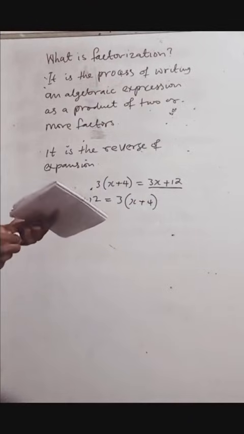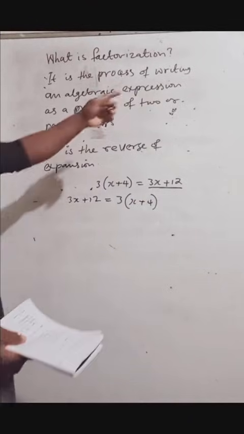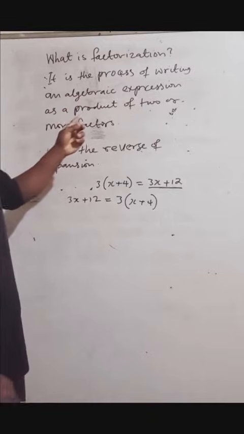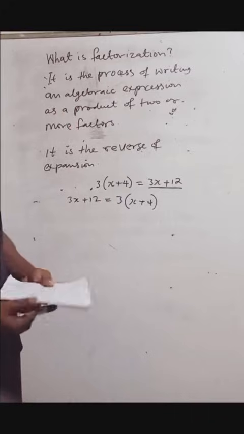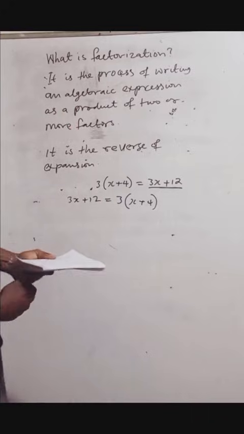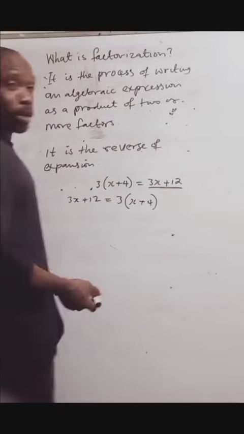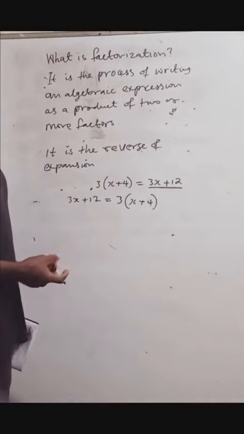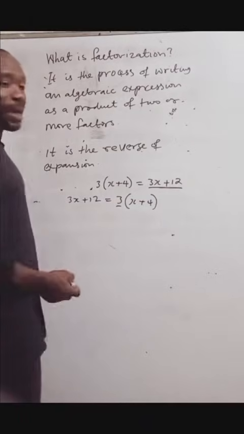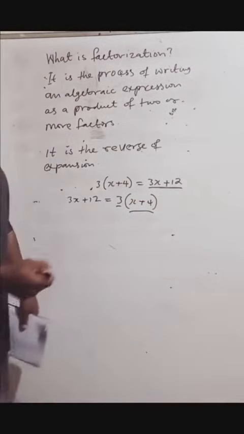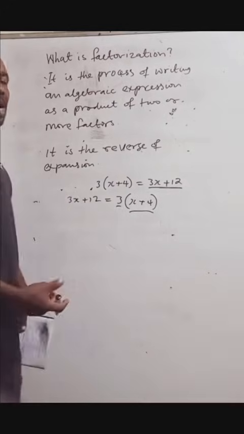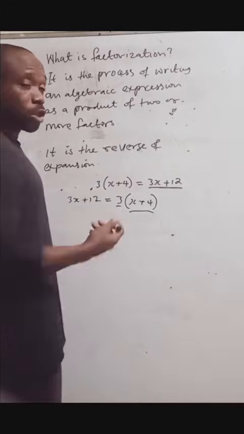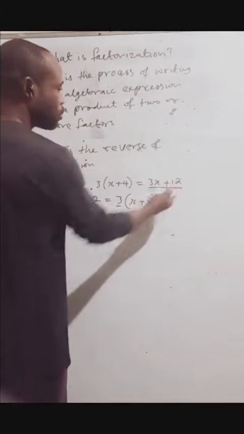So according to the definition, it is a process of writing an algebraic expression as a product of two or more factors. This expression 3x plus 12 is a product of 3 and x plus 4. Therefore, 3 and x plus 4 are the factors of the algebraic expression 3x plus 12.